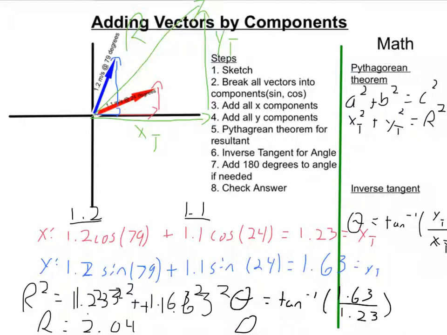With significant figures, theta comes out to be 53 degrees, and I actually need to come back here and look into changing this, because here this is incorrect. This can't be 2.04. I only have two sig figs. This just has to be 2.0, so let's get rid of that 4. So 2.0 at 53 degrees would be my final answer. 2.0, and I need to give a unit, meters per second.